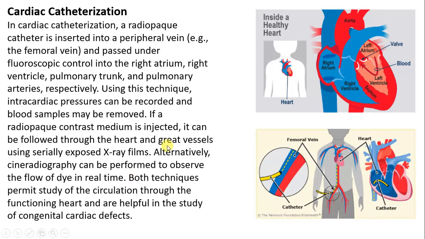So first of all, we will look at cardiac catheterization. Catheterization is normally done in the wards, the venous catheterization, in which a cannula is put into a peripheral vein, most commonly veins in the hand or the upper limb, distally, to give IV fluids.